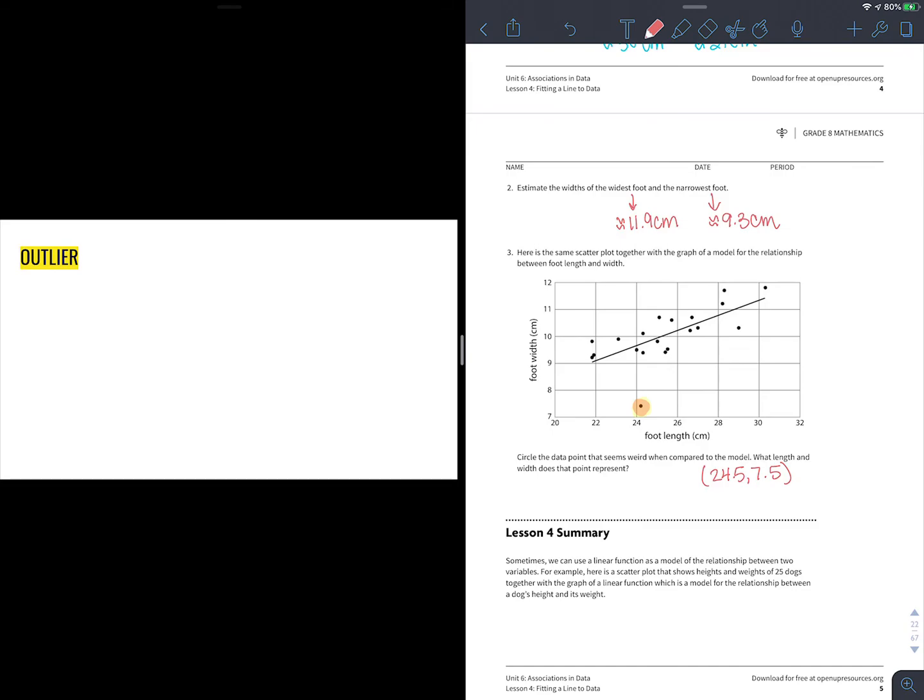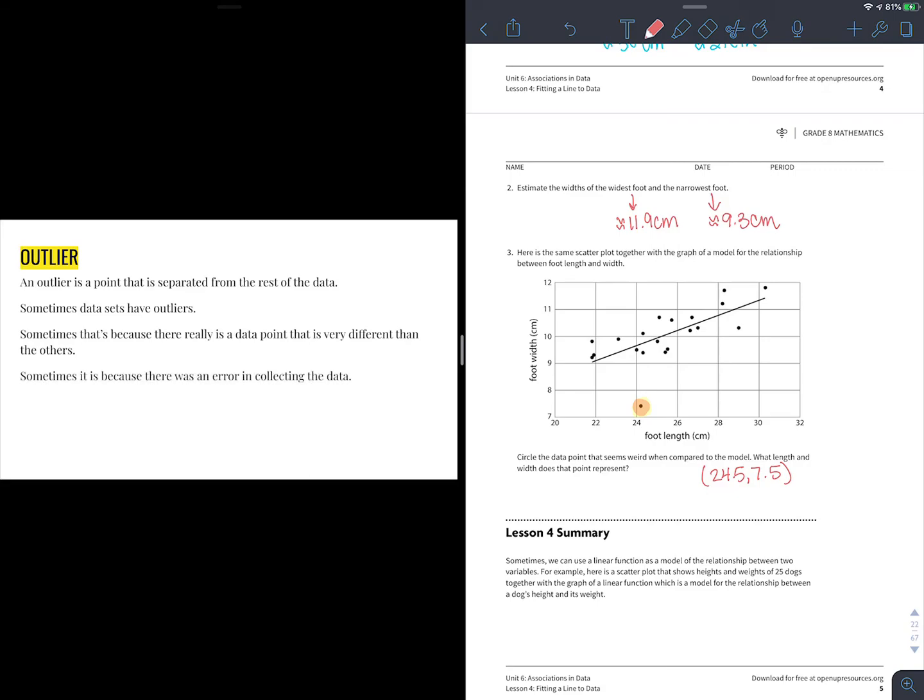So here's some information about outliers. An outlier is a point that is separated from the rest of the data, which you can see there. Sometimes data sets have outliers. Sometimes that's because there really is a data point that is very different than the others. If you listened to my video for lesson 2, you saw that one of the data points didn't really seem right, and I guess that maybe a student entered it incorrectly.